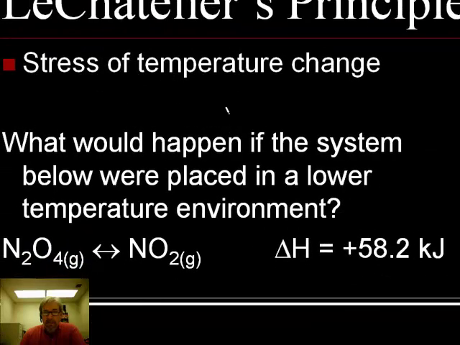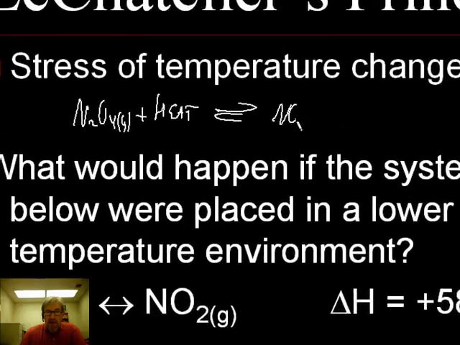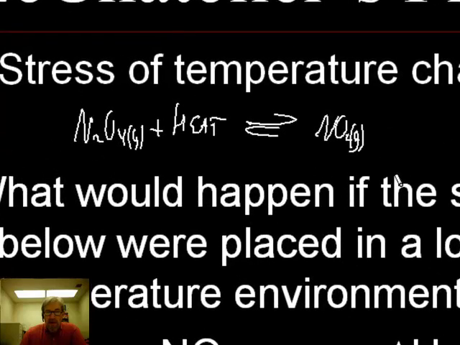So now let's think about what would happen if that same system were placed in a low temperature environment. Again, rewriting this as N2O4 gas plus heat in equilibrium with NO2 gas. And now thinking about the fact that we have reduced the amount of heat present by putting it in a lower temperature environment, taking heat out of the system is going to cause a shift in the direction that undoes that stress.